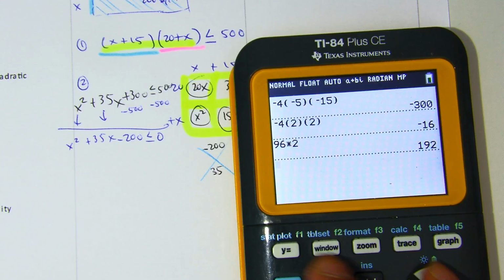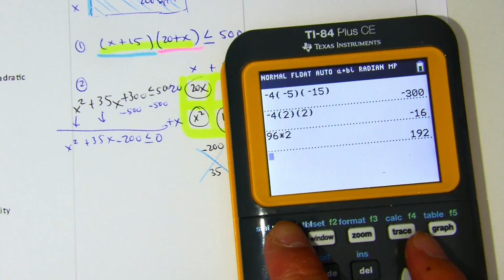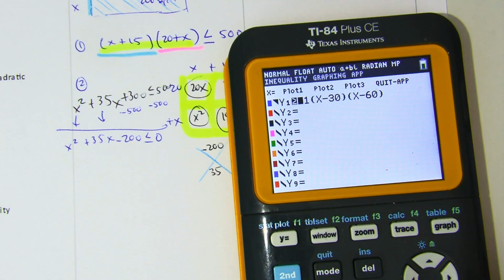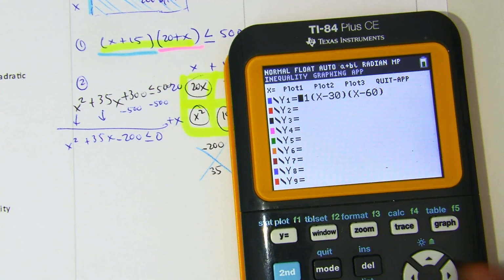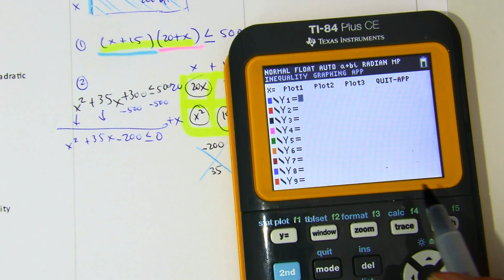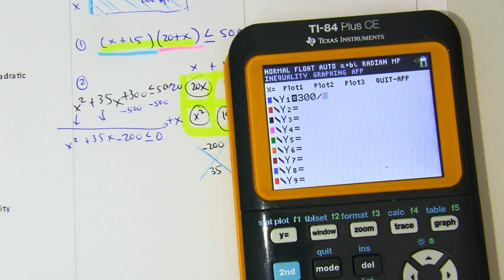So my calculator trick is to put it in your table of values. So I have 200 divided by x.